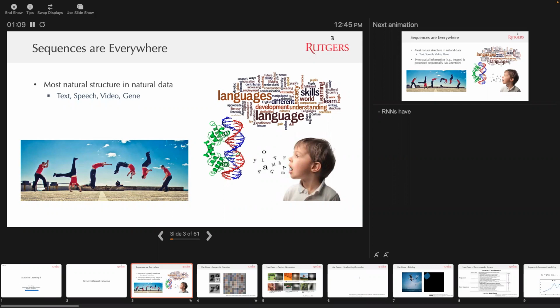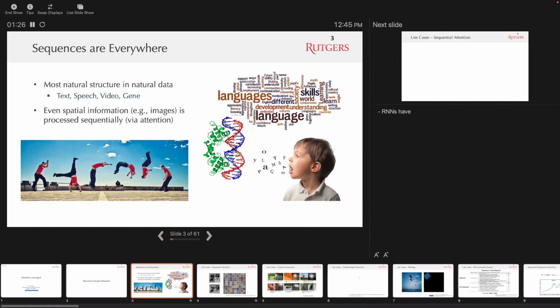And video too is a sequence of image frames, right? So it's also sequences, and human genes are also a sequence of genetic code, right? So all of these are naturally represented as sequences. And even if you consider images, like what we have been talking about in the past 2 lectures, images can also be processed sequentially, right?